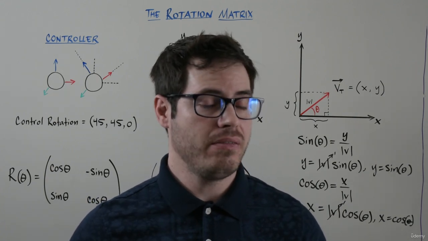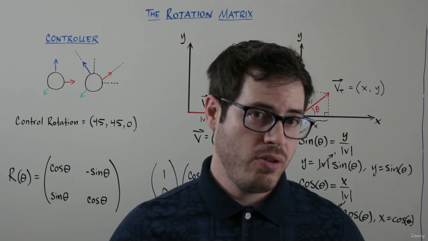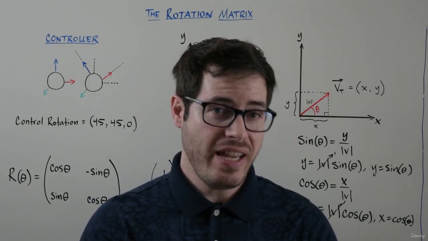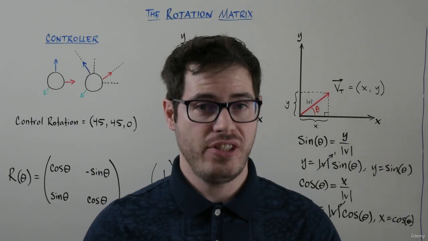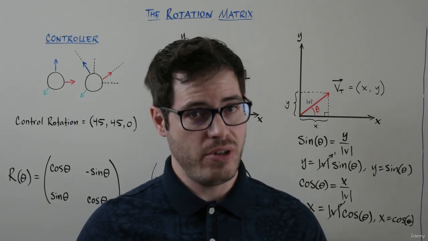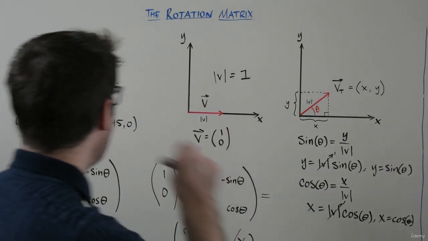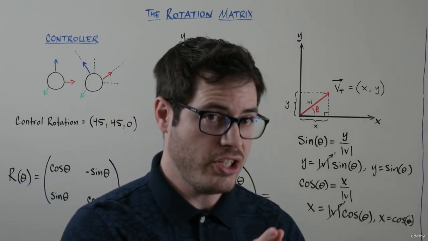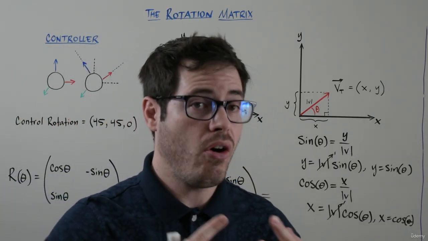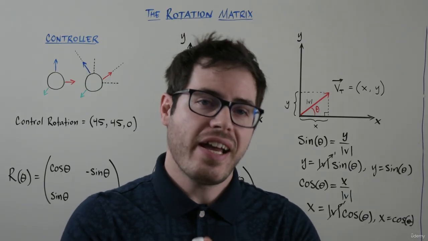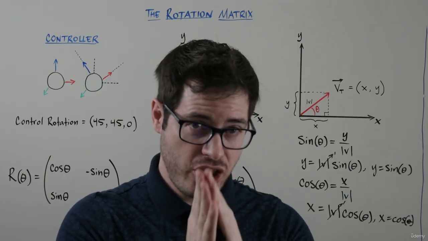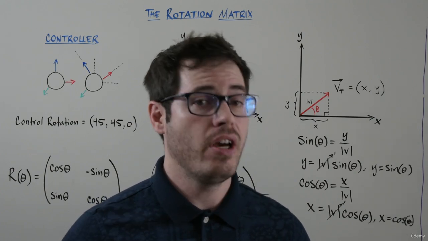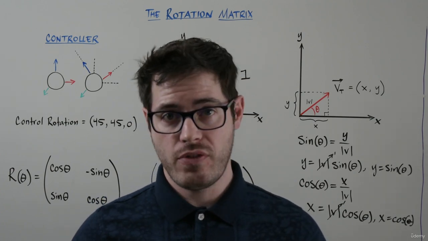In Unreal Engine, we have the ability to create a rotation matrix and use angles to create a vector corresponding to that rotation. Now, if our controller starts off with 0, 0, 0 for its rotation, yaw, pitch, and roll are all 0, then as we rotate the controller and change its yaw, pitch, and roll, we have 3 angles, 1 for the yaw, 1 for the pitch, and 1 for the roll.